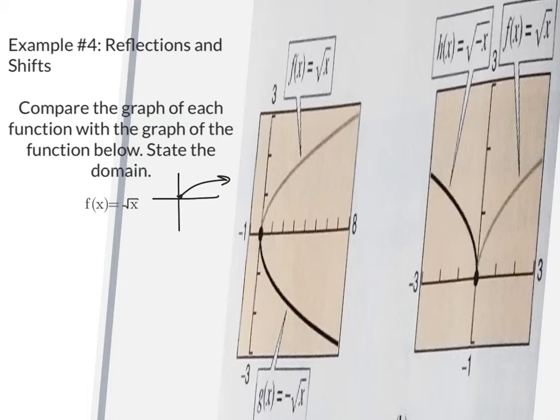So how has it been transformed? For this first function, what I see is that instead of it going up, it is now going down. It has gone down on that function. Okay, so it reflected across the x-axis.